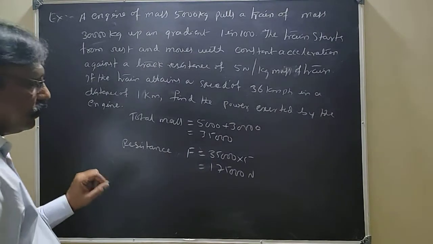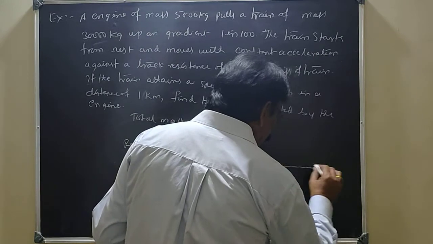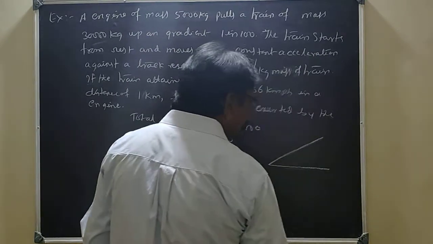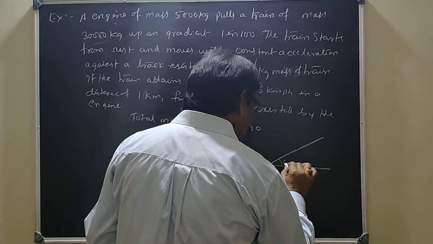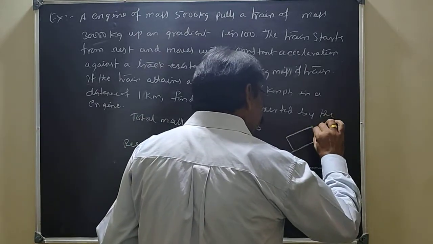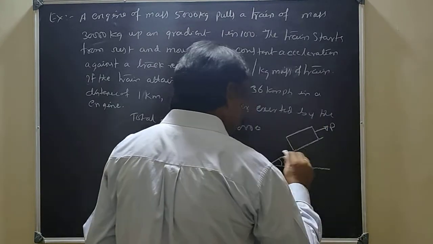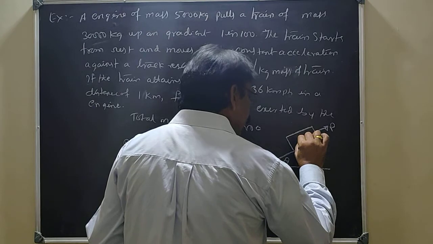Now in addition to this, the train has to climb a slope. So that means it is going on a gradient. Gradient is of 1 in 100, so that is theta. So if you take this as the train, the force exerted by that will be P, and then the weight component.